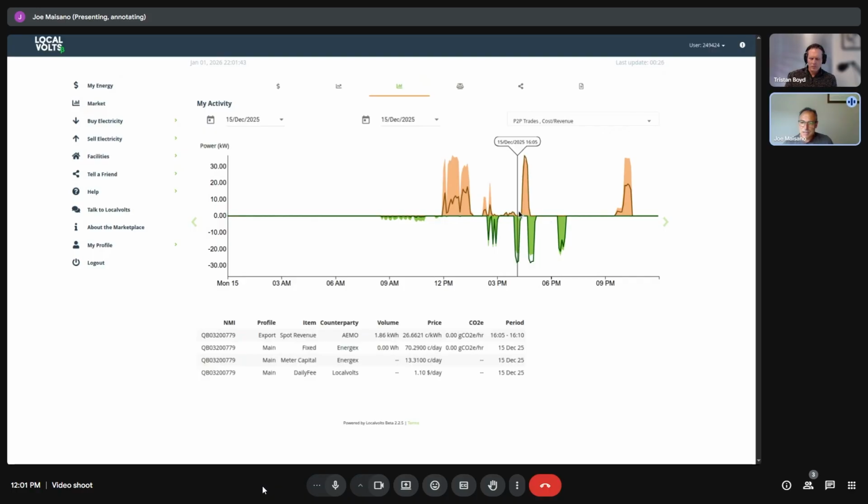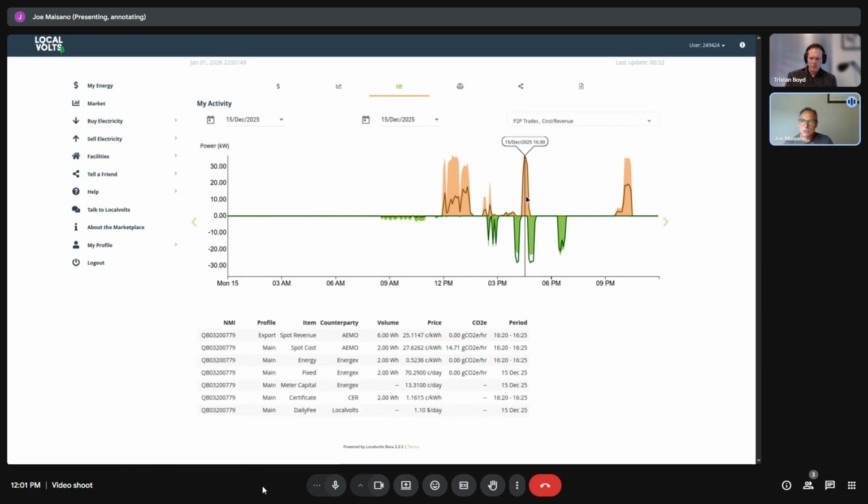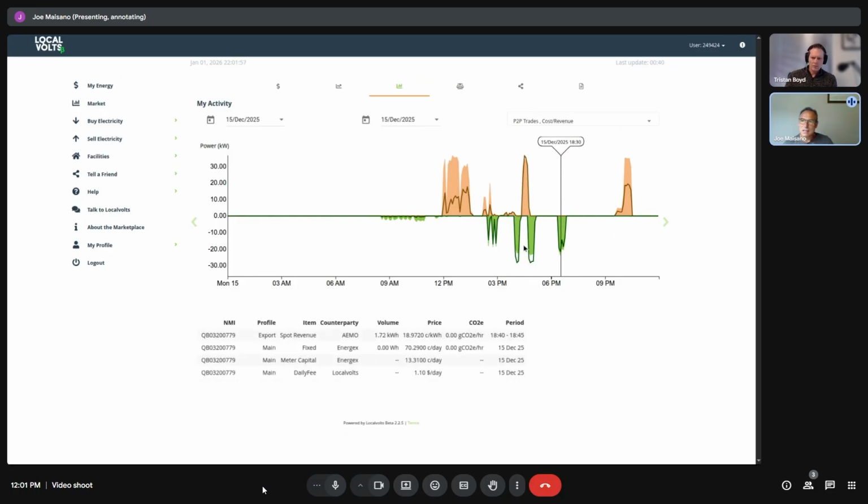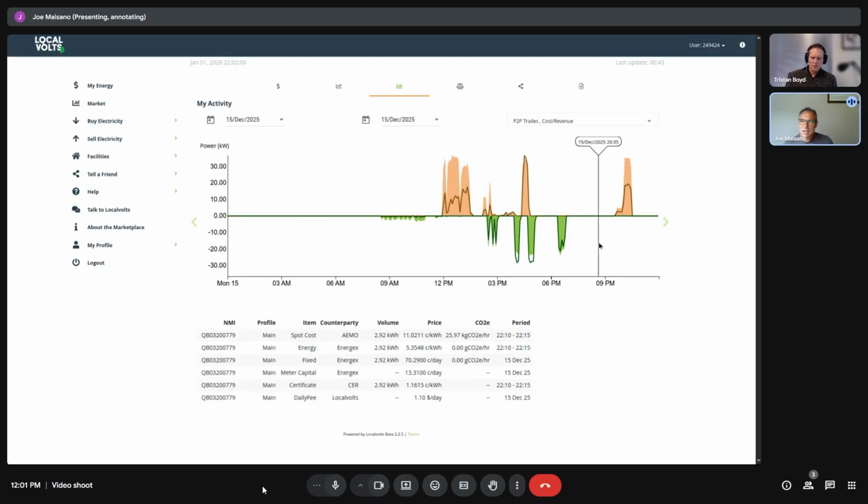So it's basically because that's a revenue, it's gone down to minus 26 and up to positive 22. So there's almost a 50 cent per kilowatt hour spread happening here that the customer's getting into.